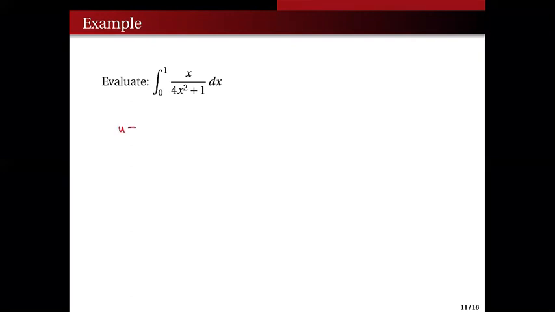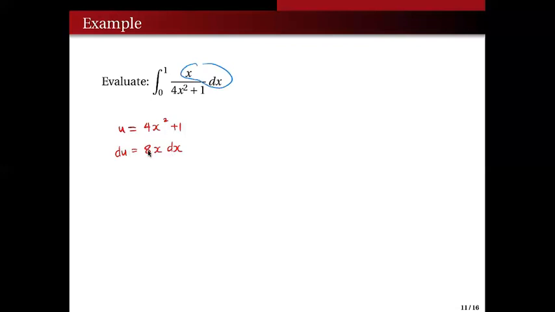We let u be equal to 4x squared plus 1. Du will be 8x dx. And again, as you can see in here, you have the x, you have the dx. So you have here x dx. In here, you have 8x dx.